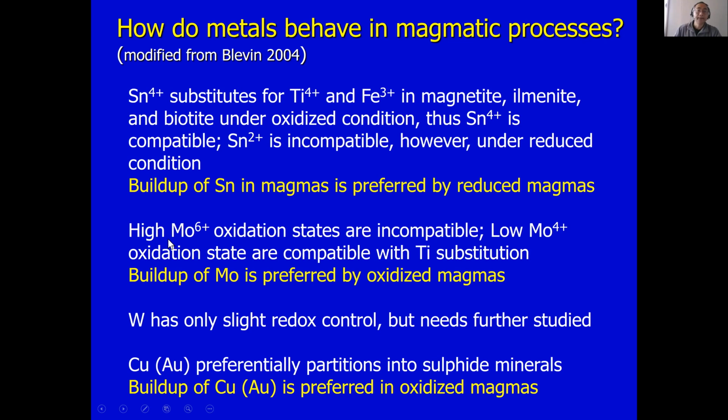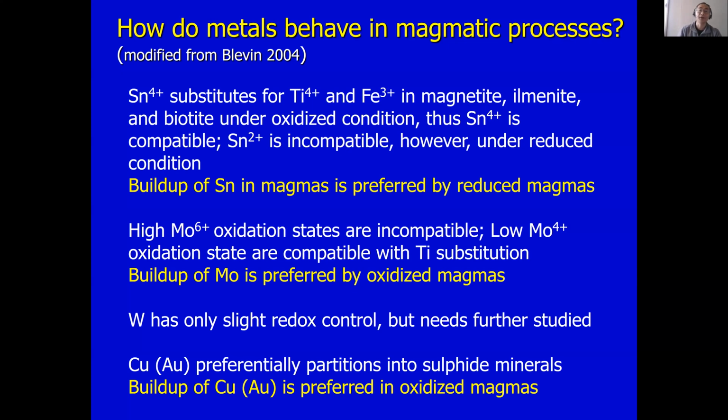Also, for molybdenum, the high oxidation states are incompatible, but the low molybdenum oxidation state is compatible with the titanium substitution. So the buildup of molybdenum usually is preferred by oxidized magmas. For copper, they require oxidized conditions because the 2+ copper is partitioned into the sulfide if the melt is reduced.